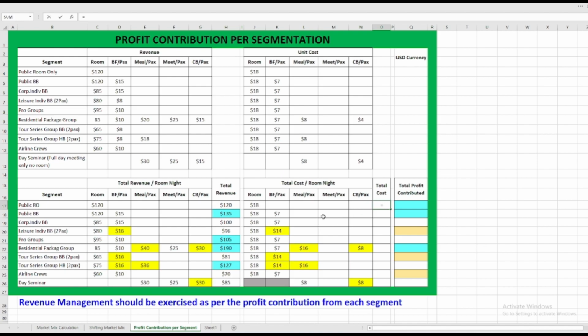We do the same total cost. Revenue 120, room cost is 18, and that's room only. Same as public bed and breakfast, we do the same, so 25. Corporate individual, we do the same.